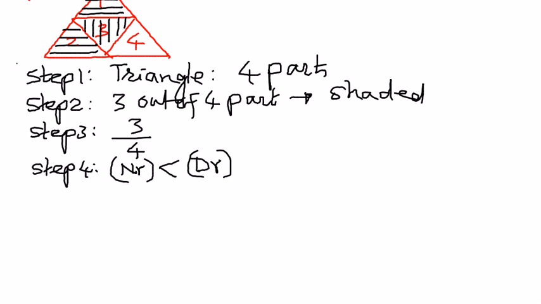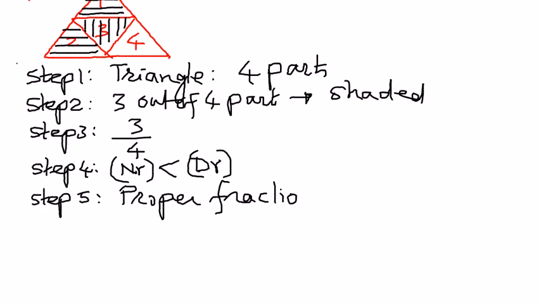Since the numerator is less than the denominator, we're going to call these types of fractions proper fractions. And that is how we want to illustrate these with these types of examples.